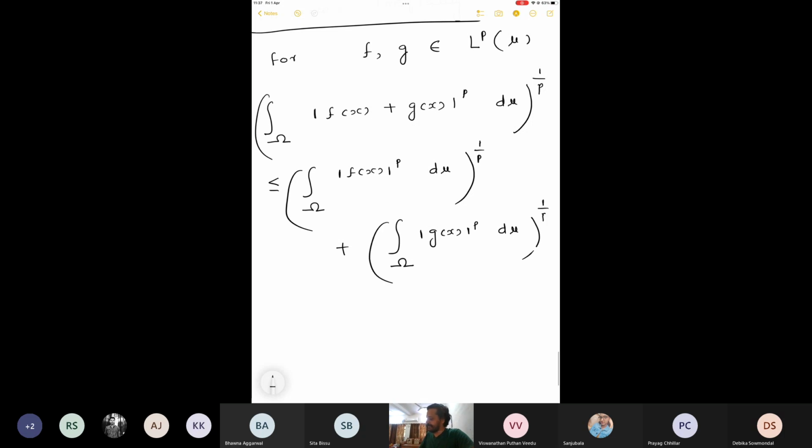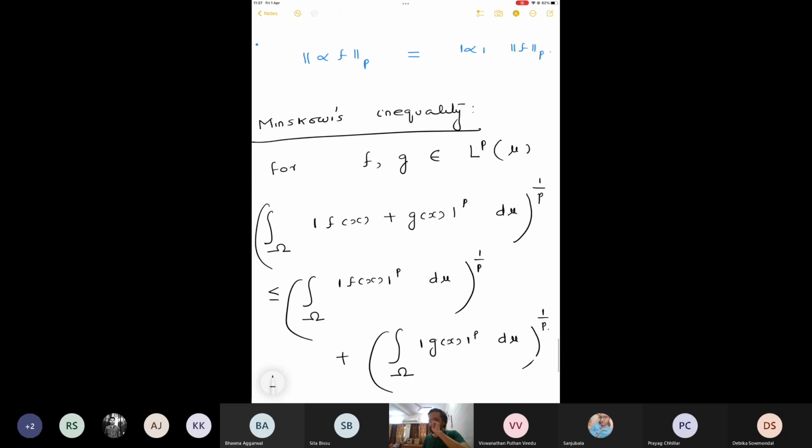It is not trivial. This is a non-trivial result called Minkowski's inequality.